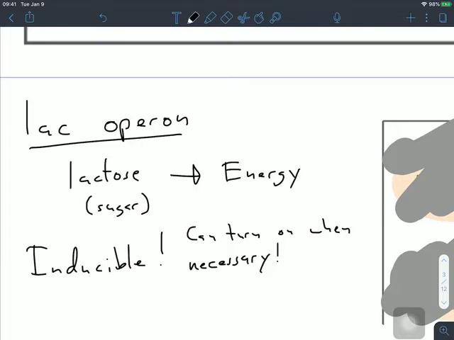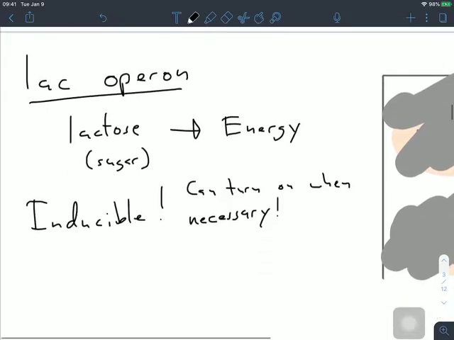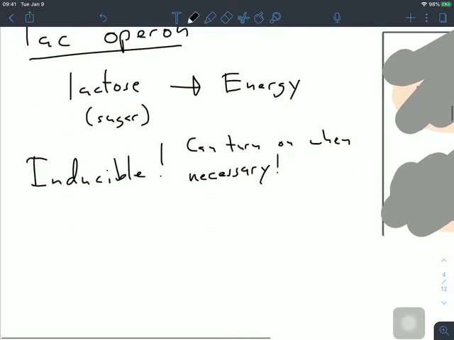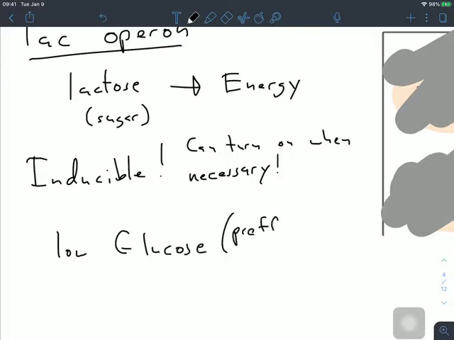Because lactose is so scarce, you are only going to want to turn the lac operon on in cases when you have low glucose, because glucose is the preferred sugar. It's much more available. It's produced by plants, and there are a lot more green things than there are milk-producing things on the planet.